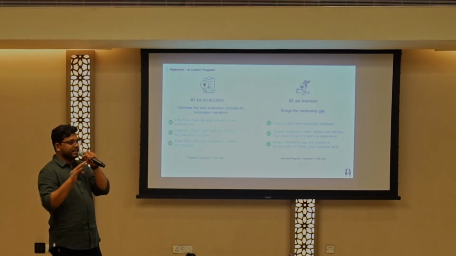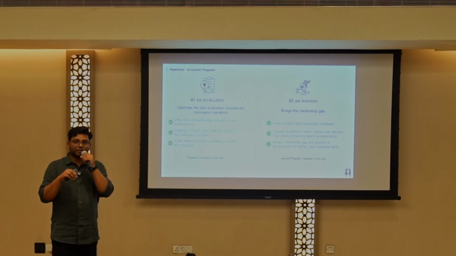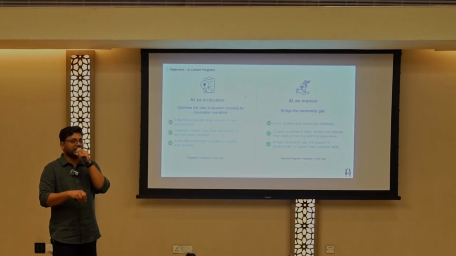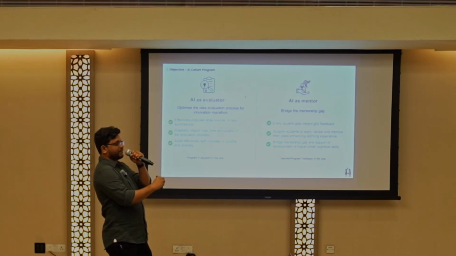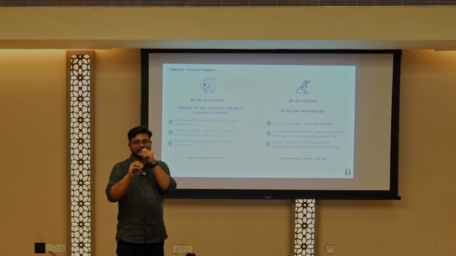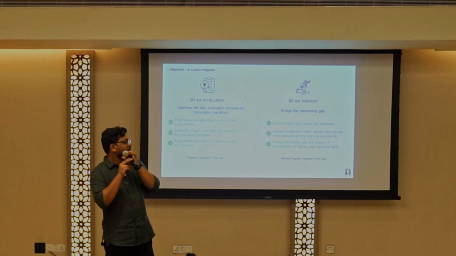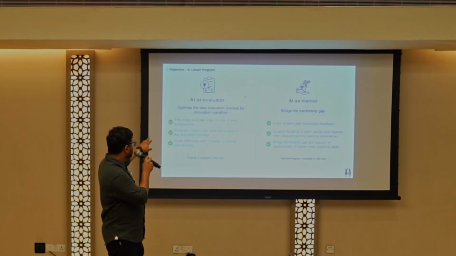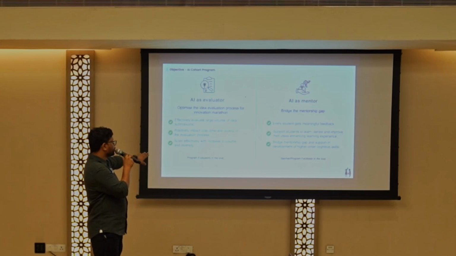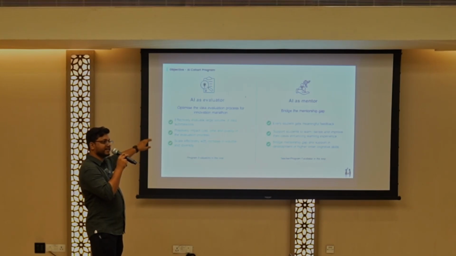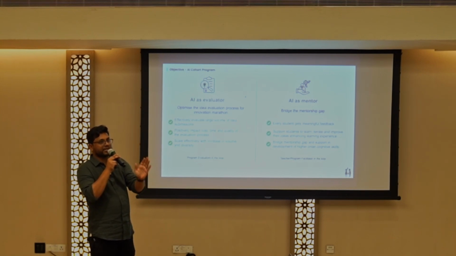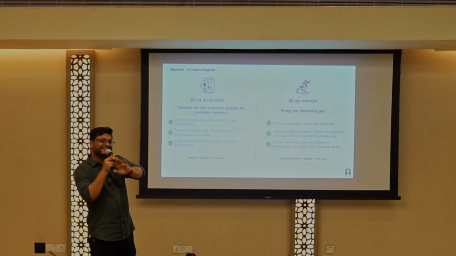To address that gap, what we are trying to do with the support of the AI Cohort Program is a two-level solution. One is how we leverage AI as an evaluator and also AI as a mentor, where we address both problems while keeping the evaluators in the loop. How do we address the business challenge and the scale of evaluating the student ideas, which give them internship, entrepreneurship, and certain grants that the government can unlock for the students?